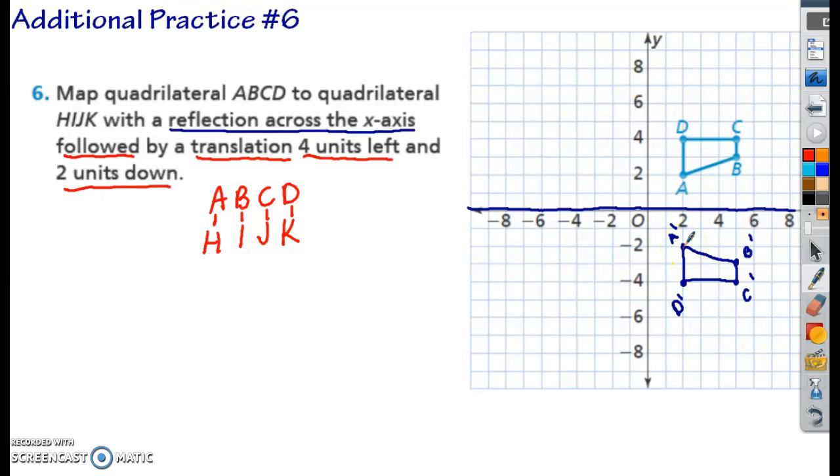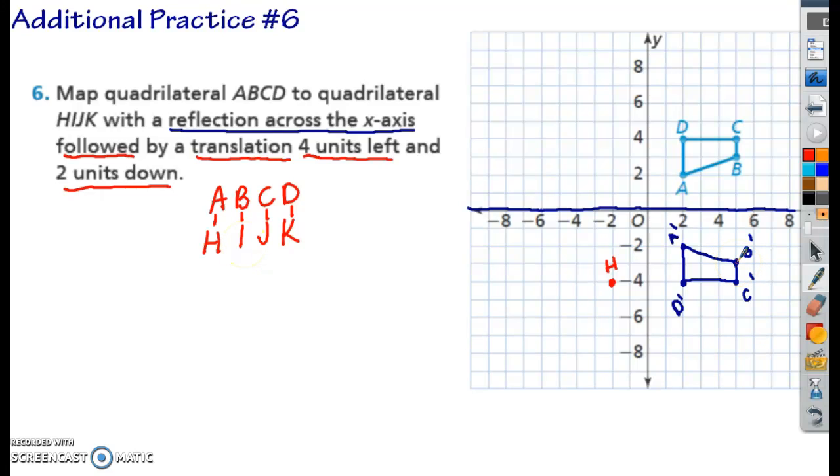So we're going to go 4 units left and 2 units down. So 1, 2, 3, 4 left, 1, 2 down, and we will name that H. Then we'll go to B, and B is supposed to be I. B is becoming I, and remember we're moving our prime, our middle step.